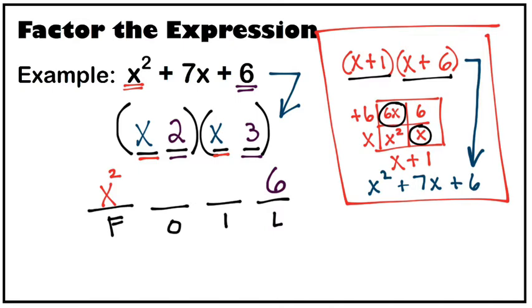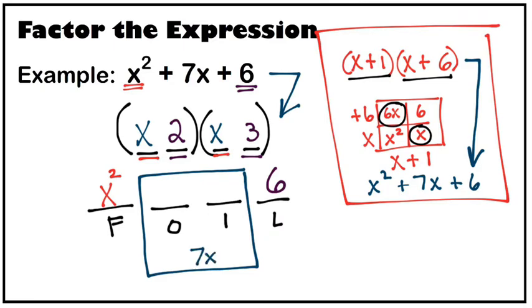The reason it's not the right answer has to do with the outers and the inners. On our problem, the outers and the inners, when we put them together, need to combine to 7x. Right now, if I multiply the outers, I will get a product of 3x. And if I multiply the inners, I will get a product of 2x.